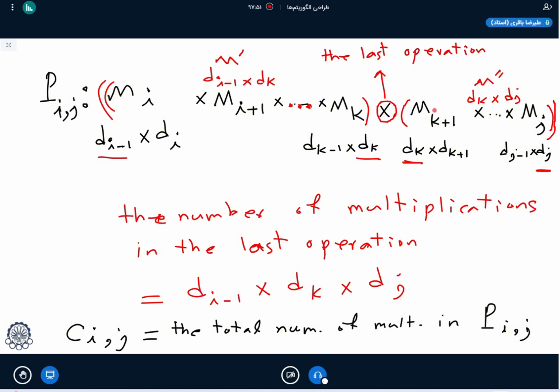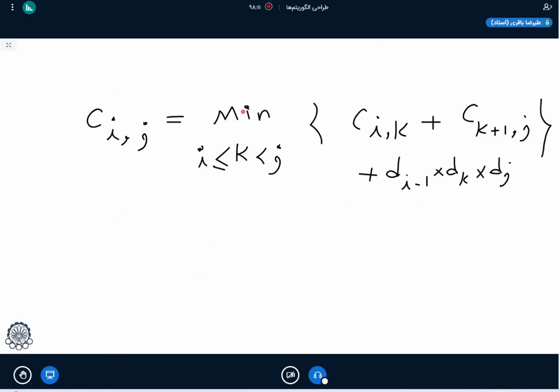We consider all of the options, and between them select the minimum one, select the best one. So k can vary between i and j minus 1. So here we let k vary: k greater than or equal to i and less than j. Between all possibilities, we select the minimum one. Okay, this is the final formula.